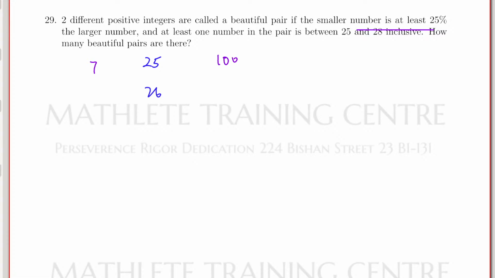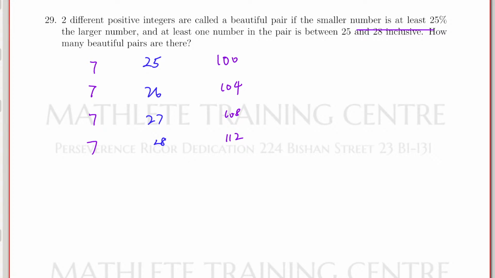Same thing for 26. The biggest one is 4 times 26, which is 104. 4 times 6 is still smaller, 4 times 7 is still bigger, so the bottom part is still 7. If one of them is 27, then the numbers are from 7 to 108. If one of them is equal to 28, then the numbers are from 7 to 112.